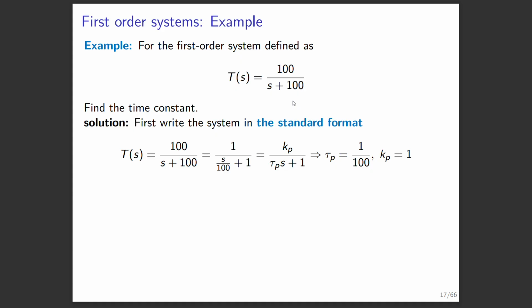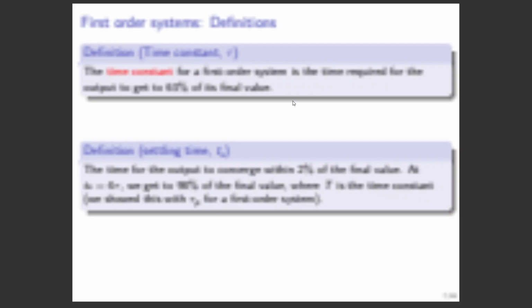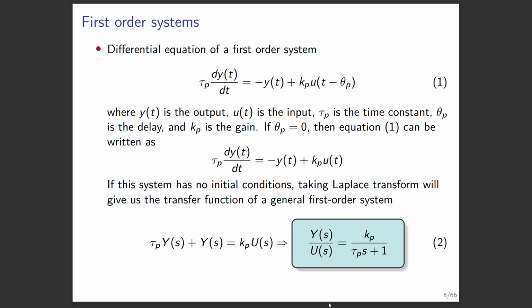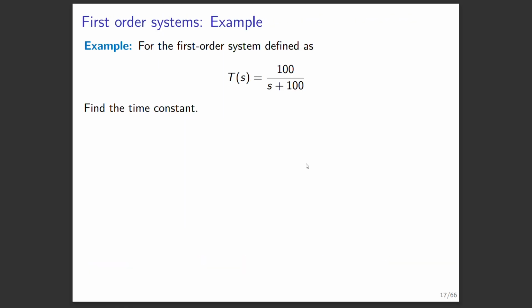What was standard format? Let me go back a few slides and see what standard format was. This was standard format. So in the denominator you have to have something times S plus 1. That's not what I had here, right? So how can I make this something times S plus 1?